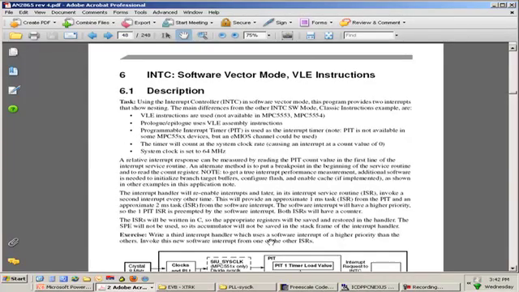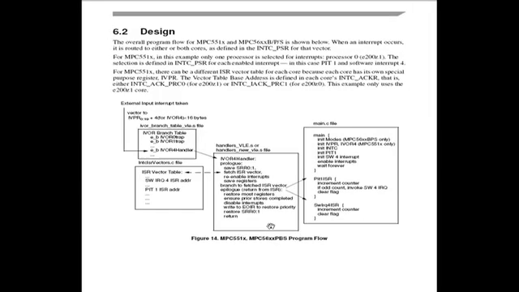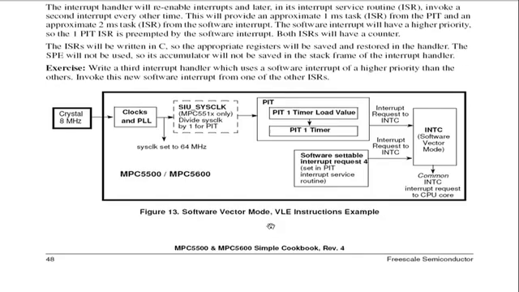So what we're going to do here, if we look at the block diagrams, is use an 8 megahertz crystal and set the system clock to 64 megahertz, like we did earlier. And then we're going to run the PIT.